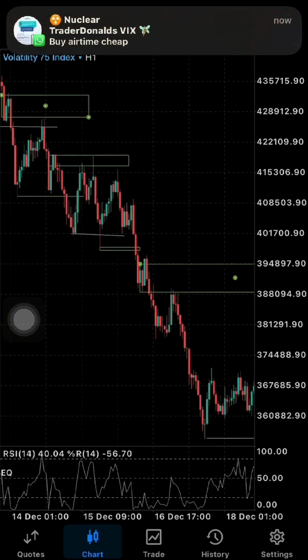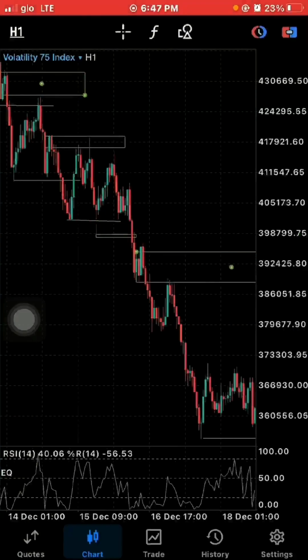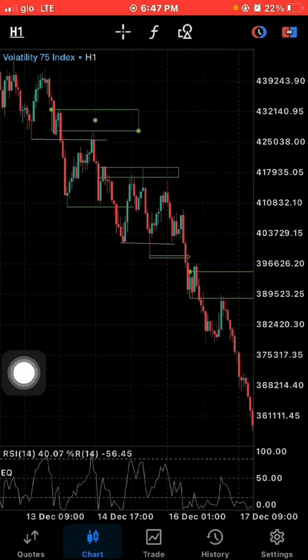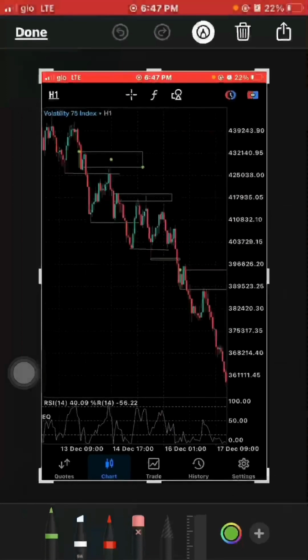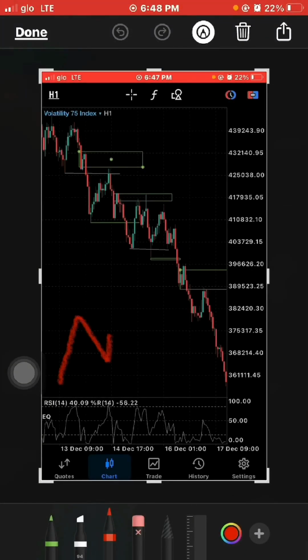All right, so in buying conditions, you do the exact same thing. You wait for price. In buying conditions, it will be like this. I get to buy, pull back to a support zone, then the previous support turns to resistance to buy upwards.